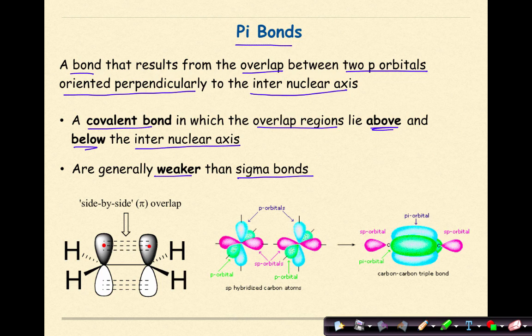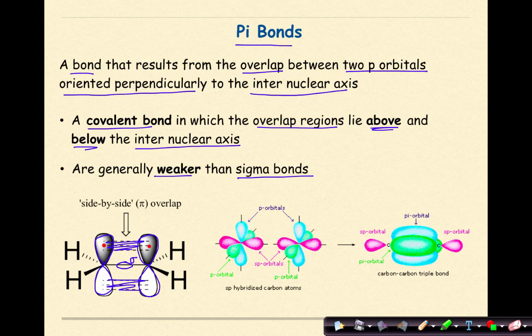Here we have a representation of a double bond. So this line right here represents my internuclear axis, and that line represents a sigma bond. What you're seeing here is one pi bond, where we have a p orbital right here, and we have a p orbital right here, and the connection occurs above and below that sigma bond that's in between.